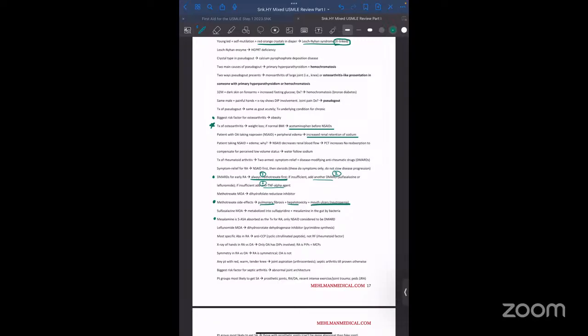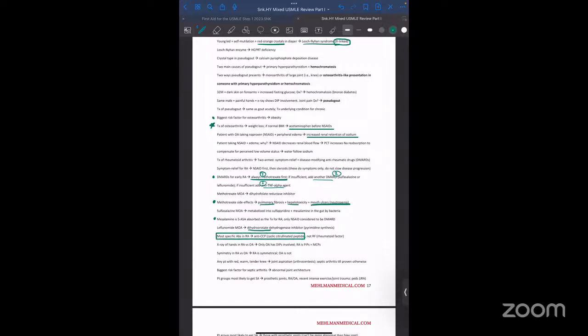Then leflunomide mechanism of action is a dihydroorotate dehydrogenase inhibitor, pyrimidine synthesis. The most specific antibody in RA is anti-CCP, anti-cyclic citrullinated peptide, not RF. RF is non-specific, but sensitive. So most specific is anti-CCP.